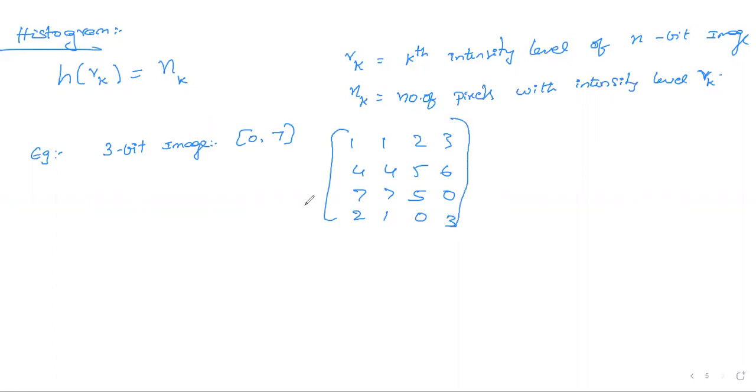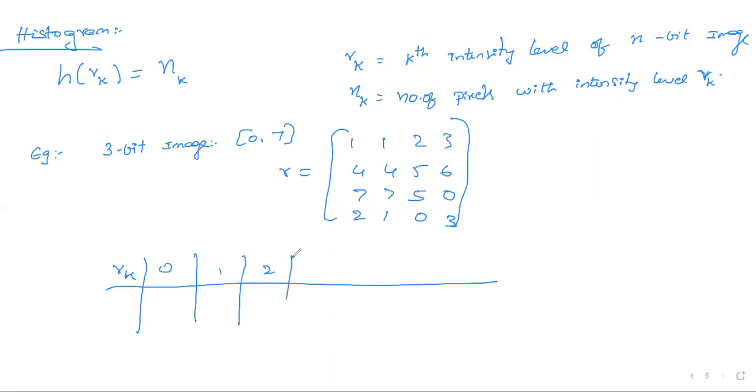This is the given input image R. So for this 3-bit image, possible intensity values are what? 0 to 7, right? So I am writing rk now: 0, 1, 2, 3, 4, 5, 6, 7.